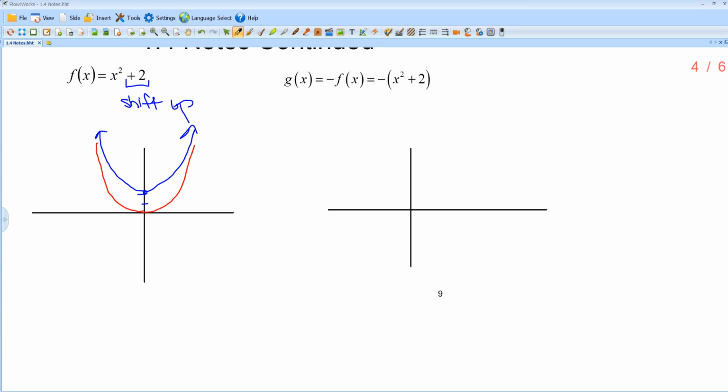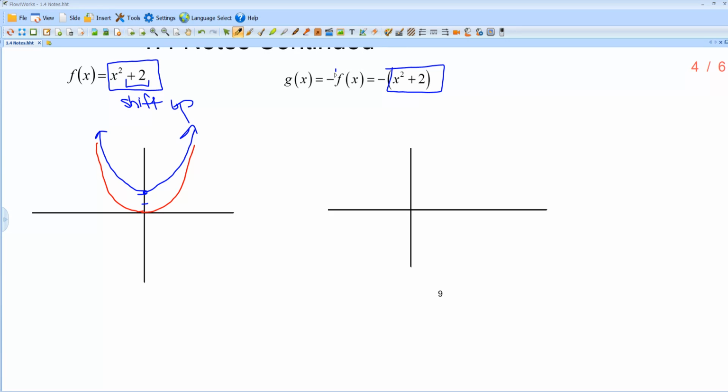little bit different. All right, g of x equals negative f of x, which is equal to the negative of x squared plus 2. So all I've done is I've taken this function, x squared plus 2, and now I'm saying I want the negative of that.